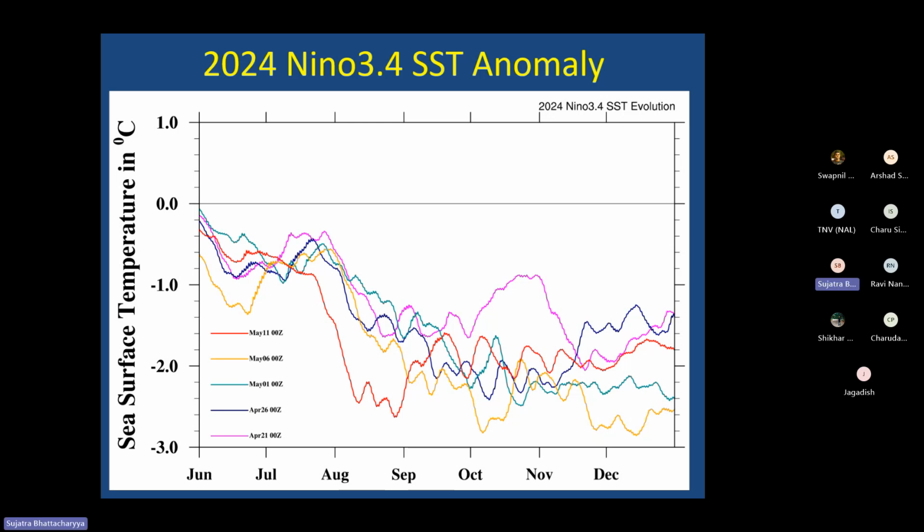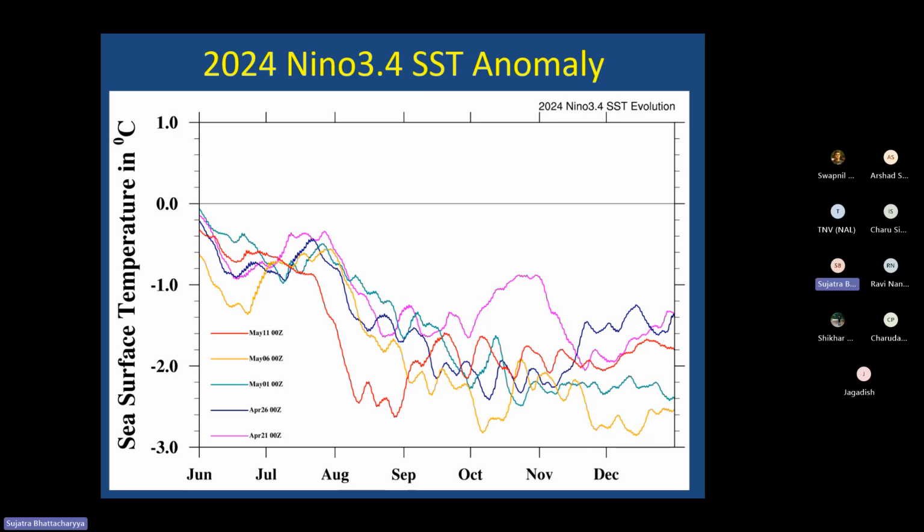Otherwise, it worries me that the prediction is so sensitive to this condition. Because you got the right SST on May 11th in the Pacific, right? You assimilated all the SST correctly. And within 3 to 4 months, you are showing something very different. So I don't understand. That is not clear.